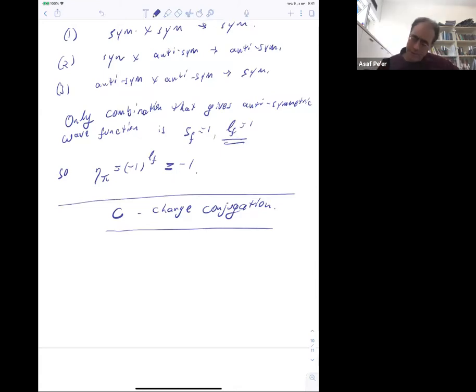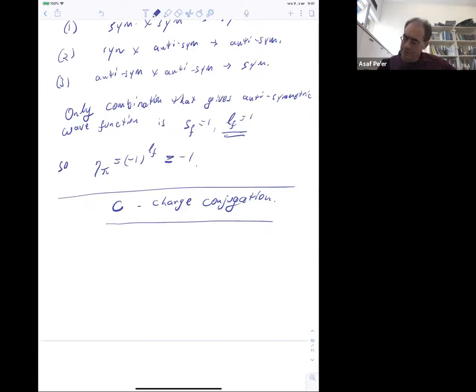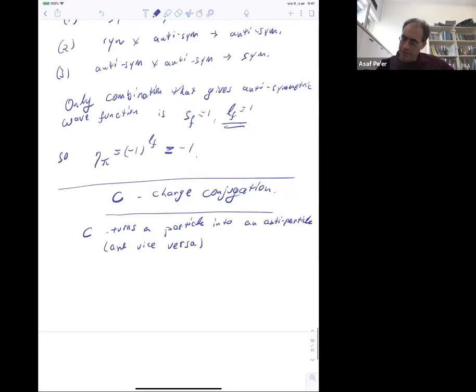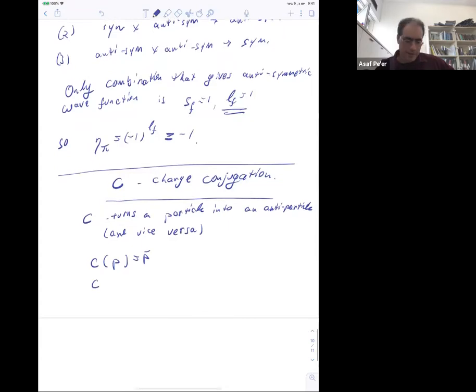So C acting on the proton gives me an antiproton. C acting on the electron gives me a positron.